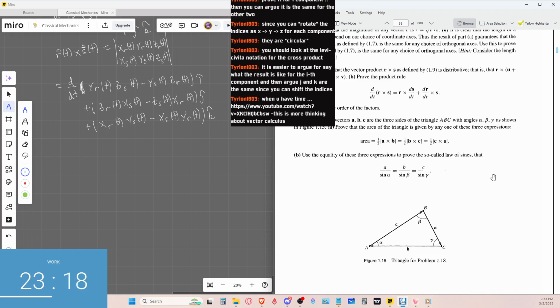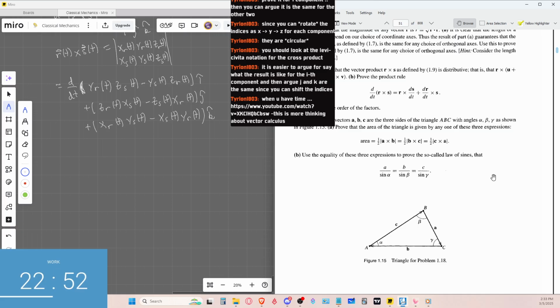Prove the area of the triangle is given by the three expressions. The cross product. Oh. Okay. Use the equality of these three expressions to prove the so-called law of sines. Why did I say Steins? Oops.